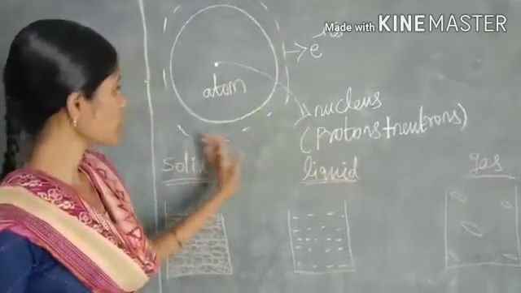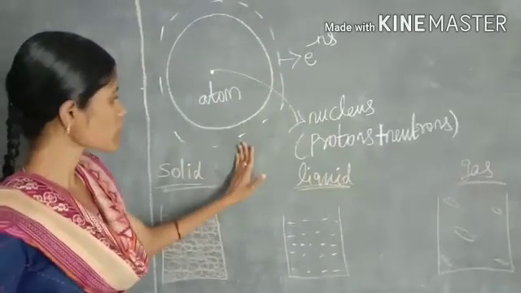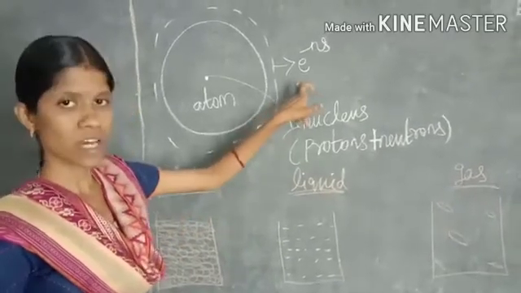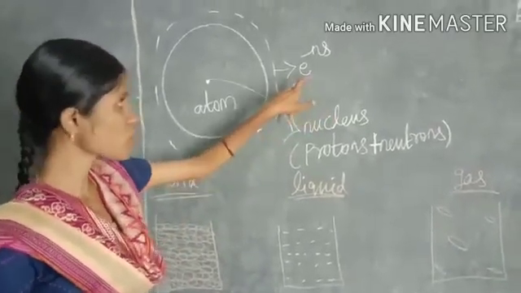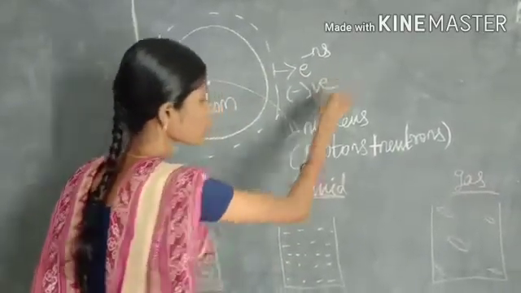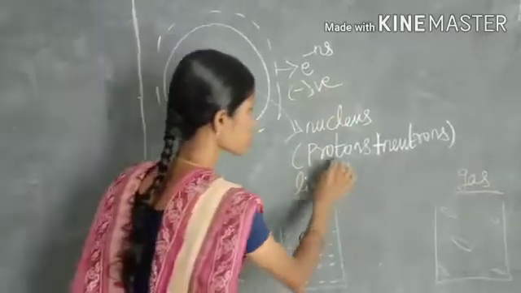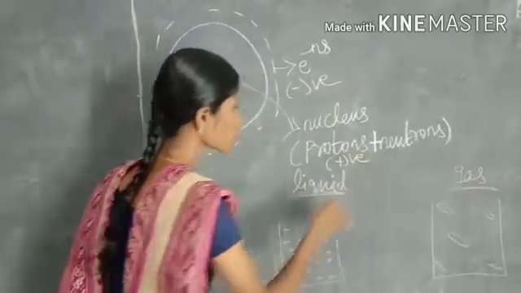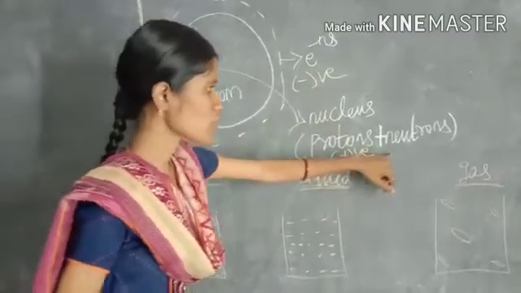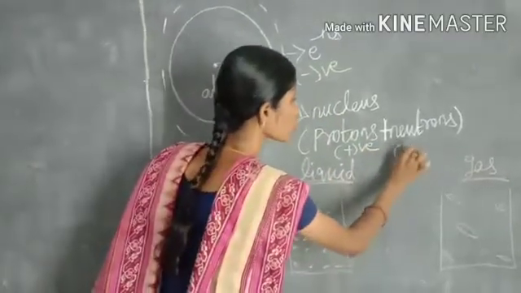Outside the atom, on the outer side of the orbit, the electrons are present. The charge of the electron is negative, the charge of the proton is positive, and the charge of the neutron is zero, neutral.